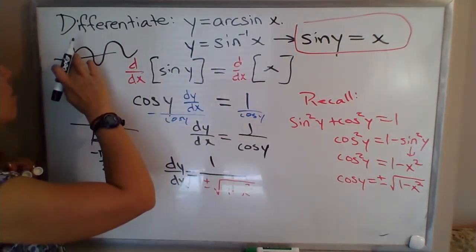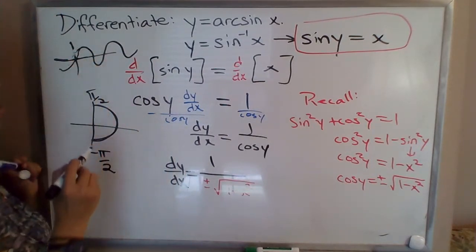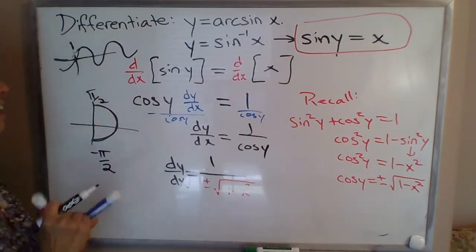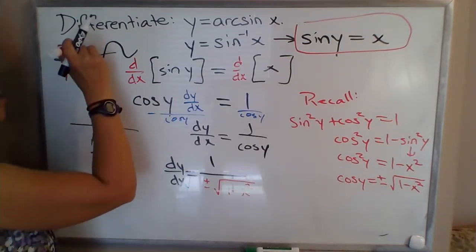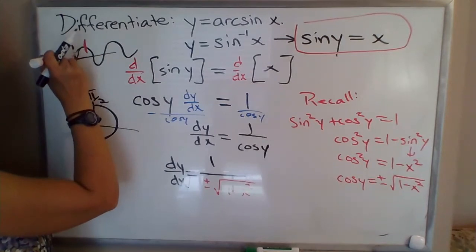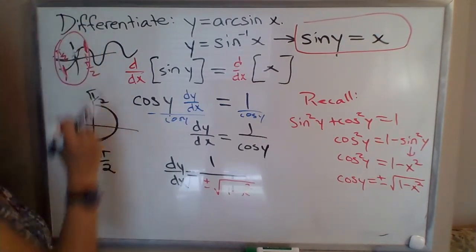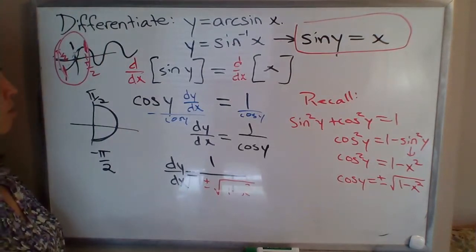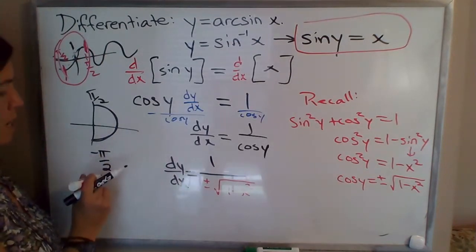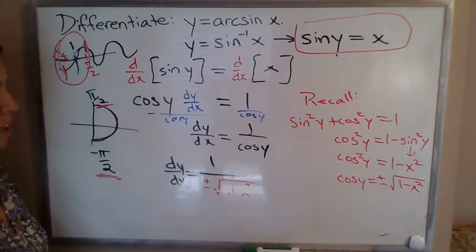So we want to put a restriction on this function so it passes the horizontal line test. We choose to chop off just this middle section of the graph, just the section as x goes from negative pi over 2 to pi over 2. And so that way we can define an inverse sine function.